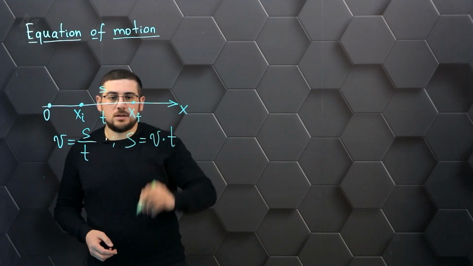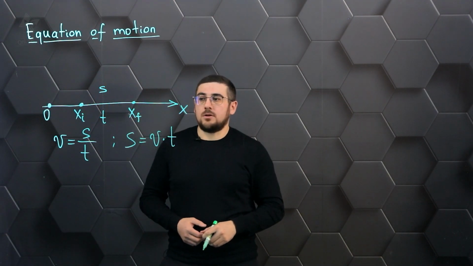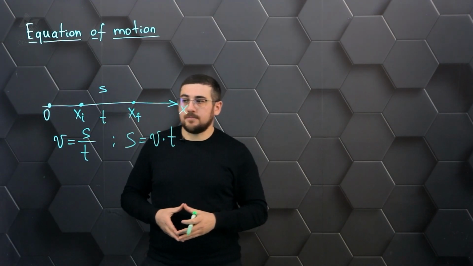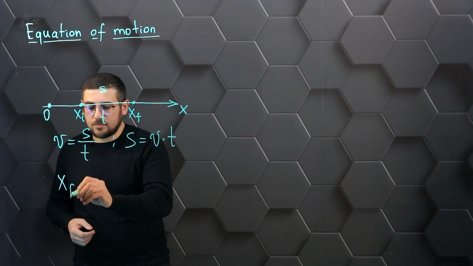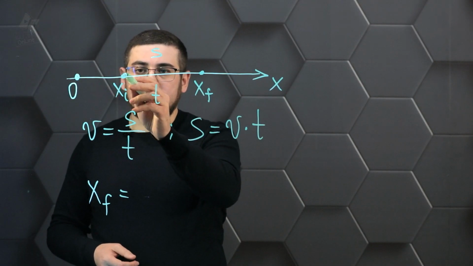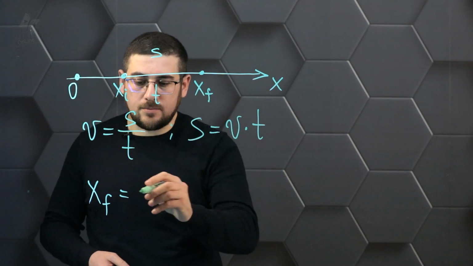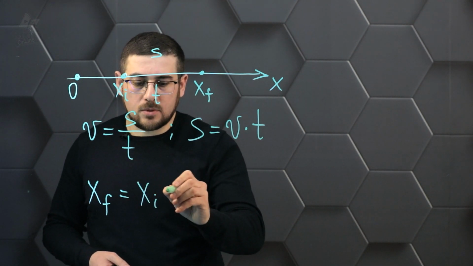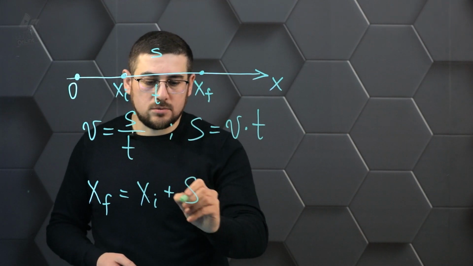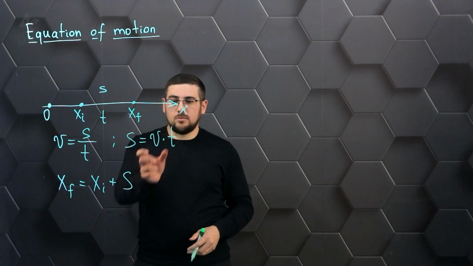Then we can show that the final coordinate of the body will be equal to the sum of the initial coordinate, so it's the initial distance from 0, from the beginning of the reference, plus the displacement made by this body, plus s. So instead of s, we substitute this value.